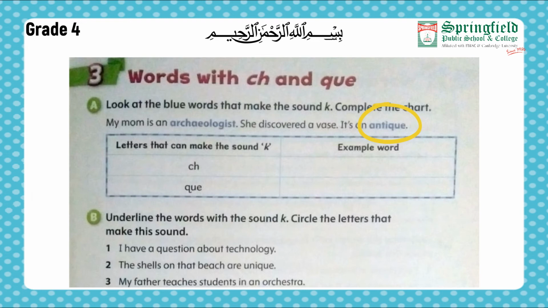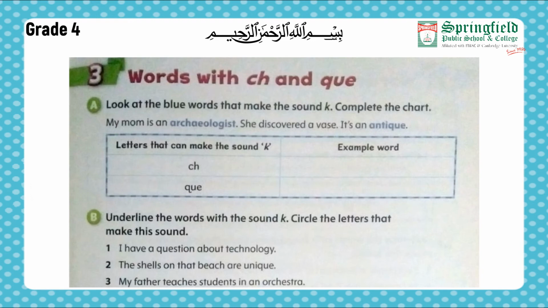Over here in this box, in the first row you will have to write the word with CH, but it gives the sound of K. And in the second one you will have to write down the word with QUE, but which gives the sound of K as well. Okay, so think about these words and write them down over there.